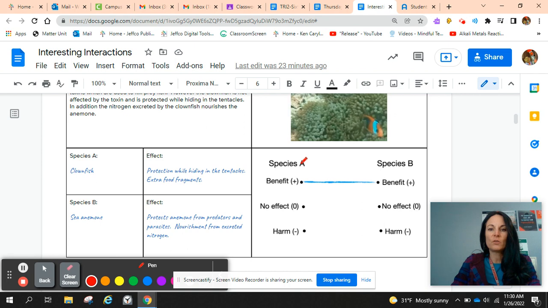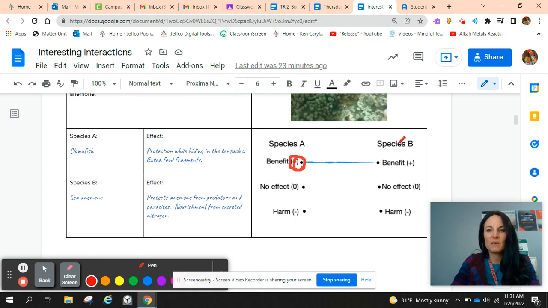Now, over here, you come and you're like, okay, species A. So I wrote down clownfish for species A. And what I wrote down that's happening to the clownfish is it's getting something. It's getting a benefit. It's getting protection. It's getting extra food. So I know right away that that's a positive thing. Okay. Then I come down here and I look at species B, which is my sea anemone. And I look at what's happening to the sea anemone.